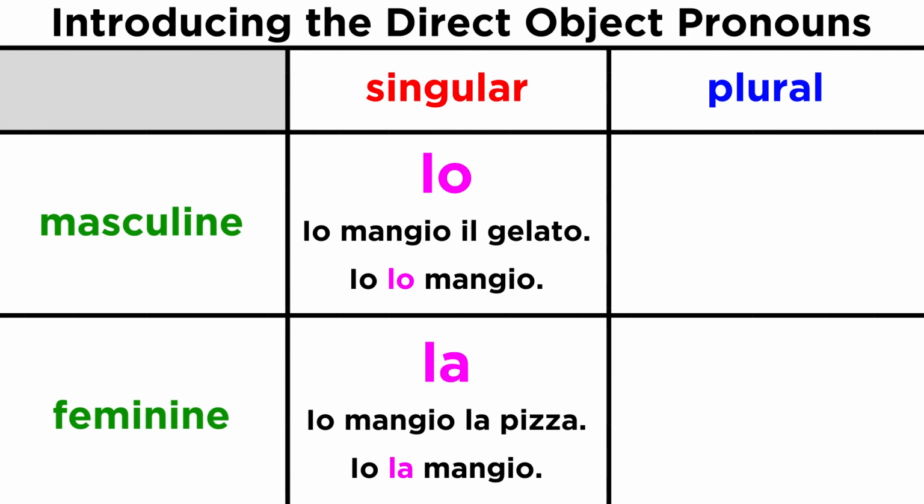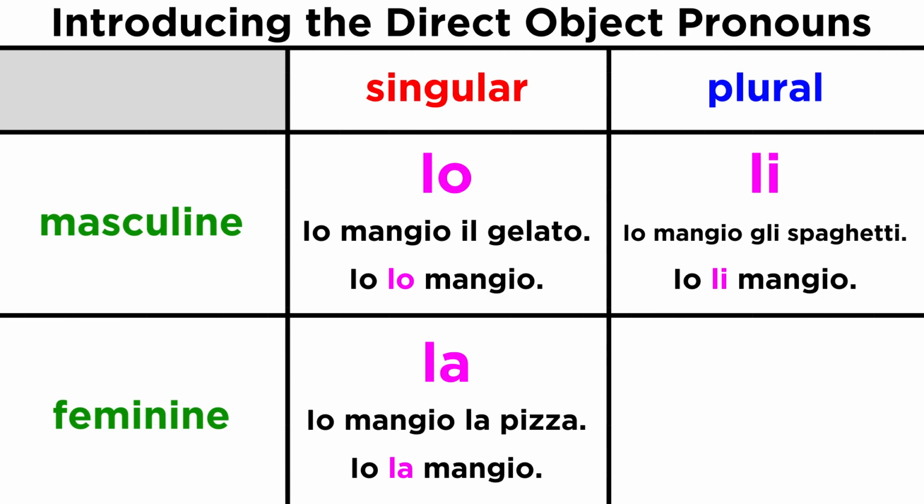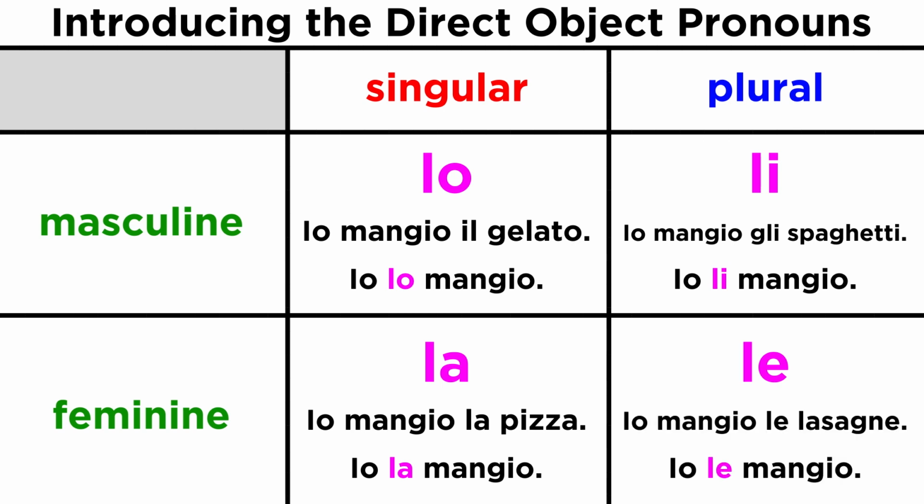Io la mangio. For masculine plural, we use li. Io mangio gli spaghetti. Io li mangio. And for feminine plural, it's le. Io mangio le lasagne. Io le mangio.